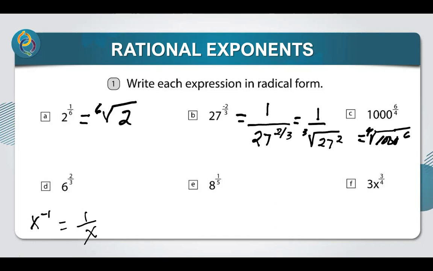How about letter F? The 4th root of 3x cubed. Now, is that problem the same as 3x to the 3/4? You're giving me an answer as, are these the same?